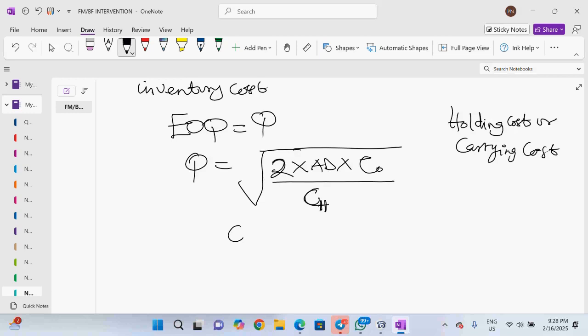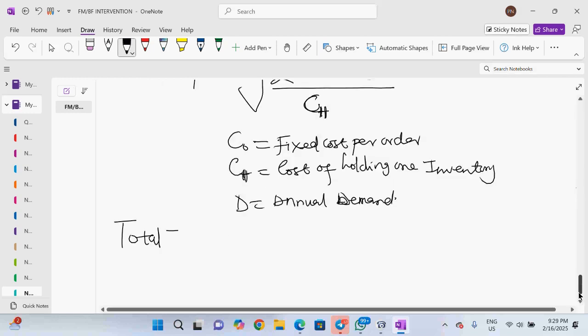And then the CH is the cost of holding one inventory. And the D is the demand, annual demand. Right?